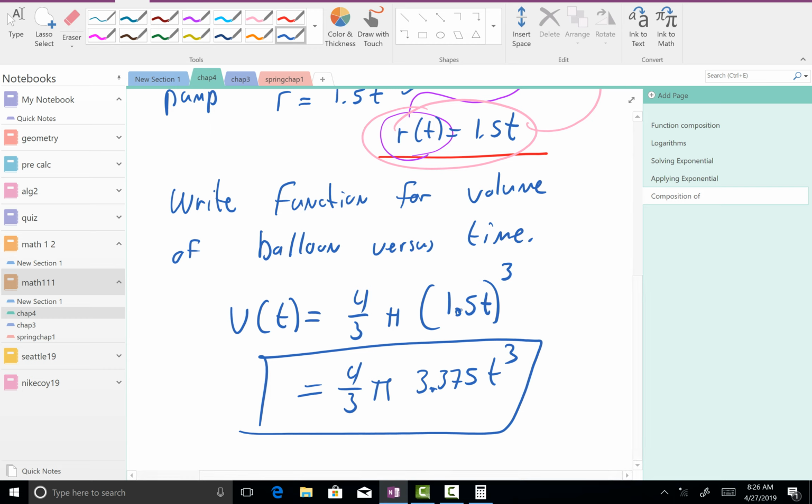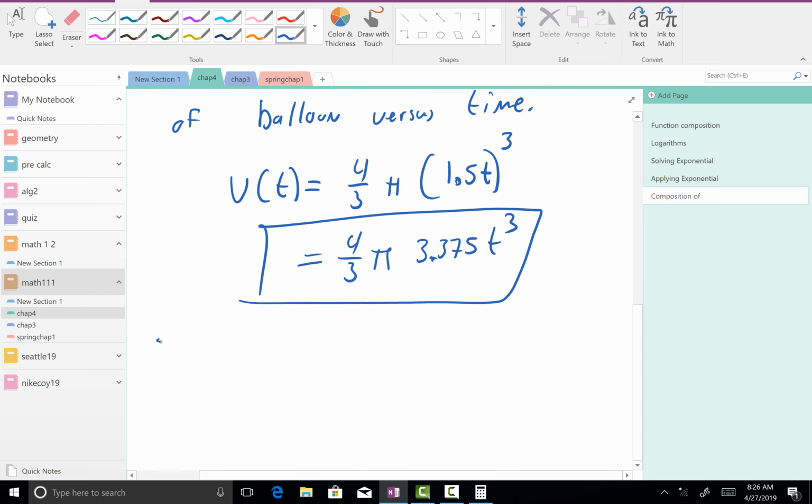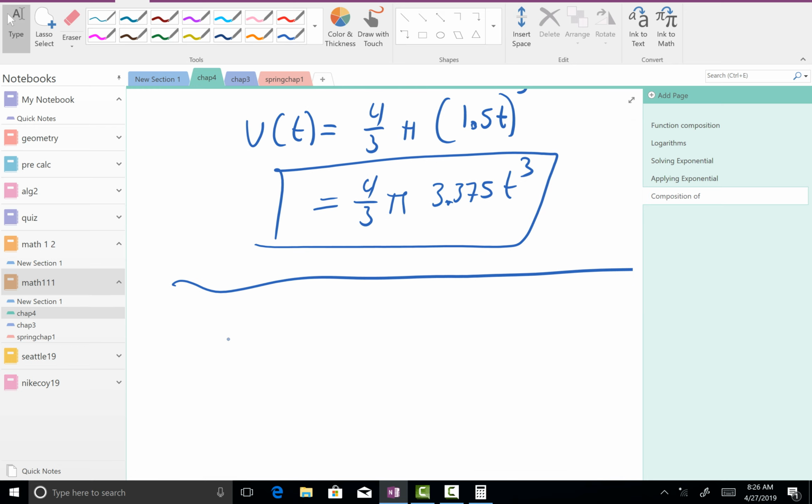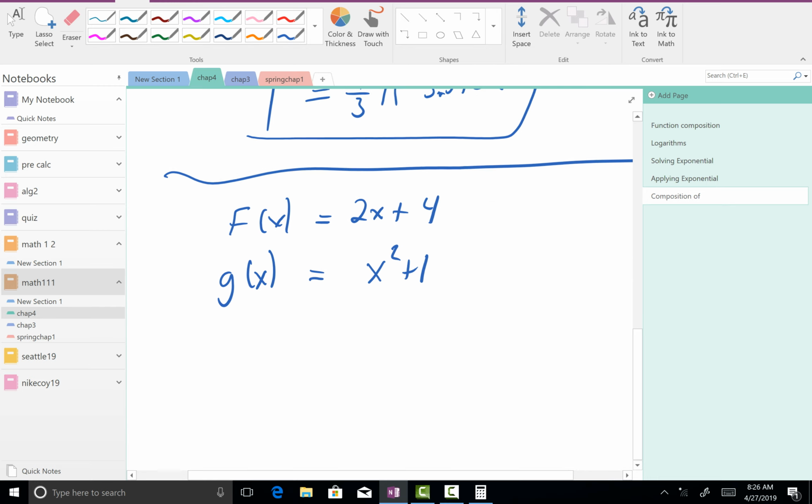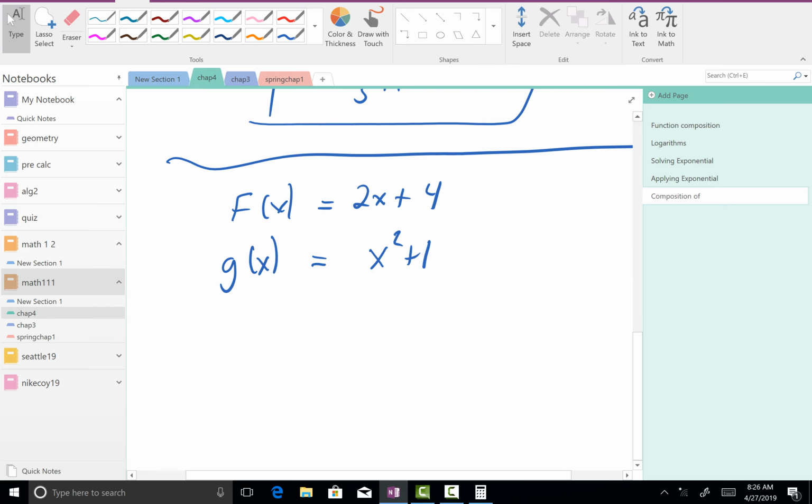That seems relatively straightforward. Let's do an example here, and we'll do a simpler one first. To symbolize that, you're going to see a couple different things.